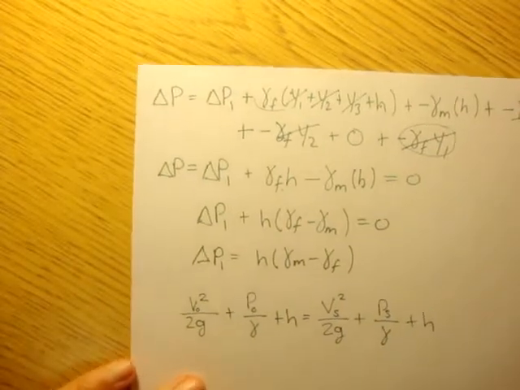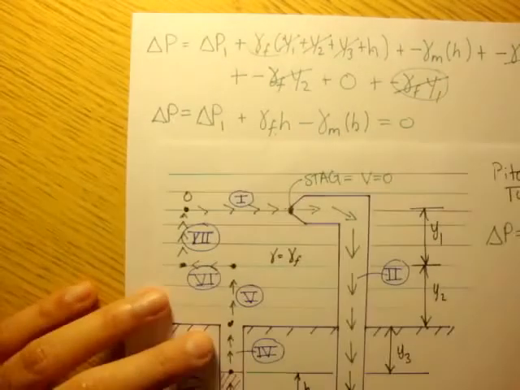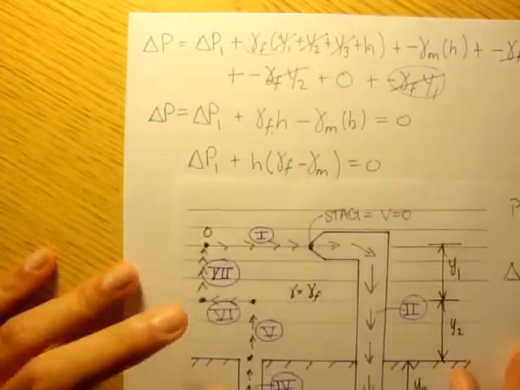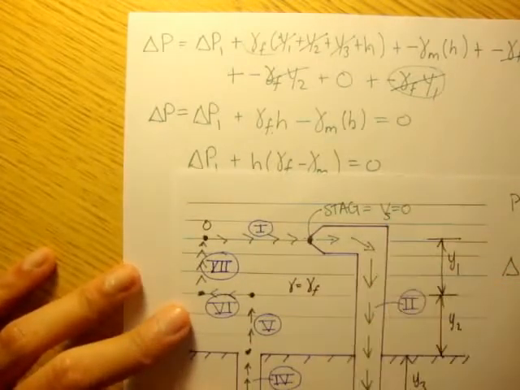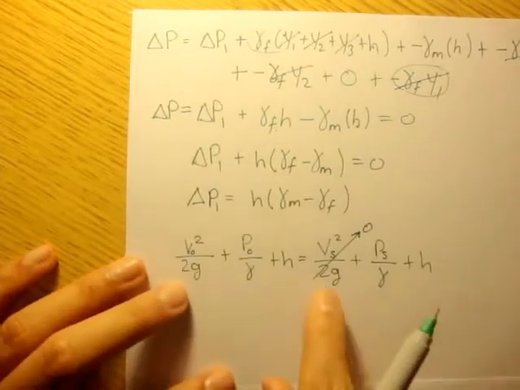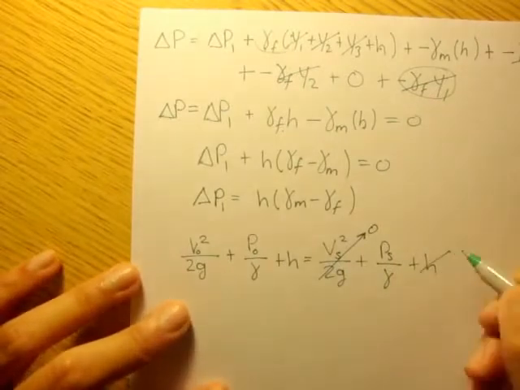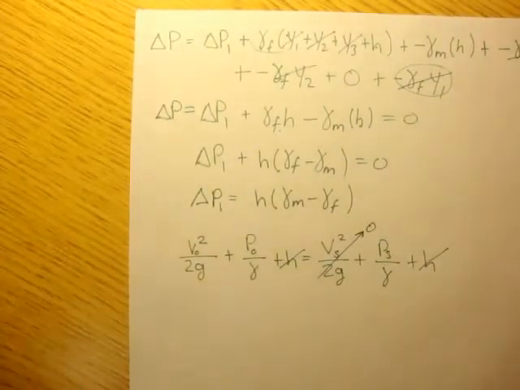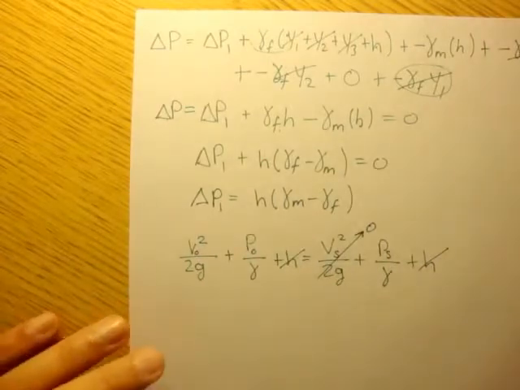Okay, well, can we say this is equal to 0? Why? Because the velocity at the stagnation point is 0, right? And the heights, they're obviously the same. There's no change in height.